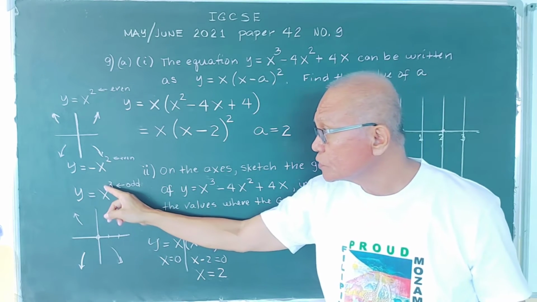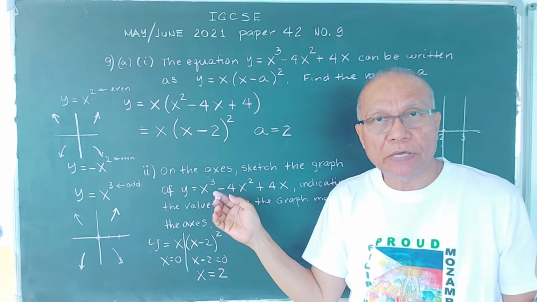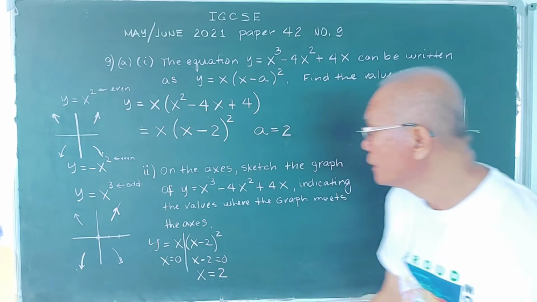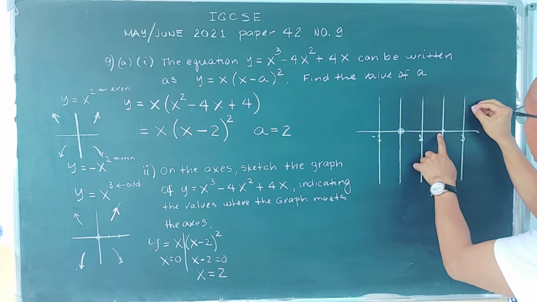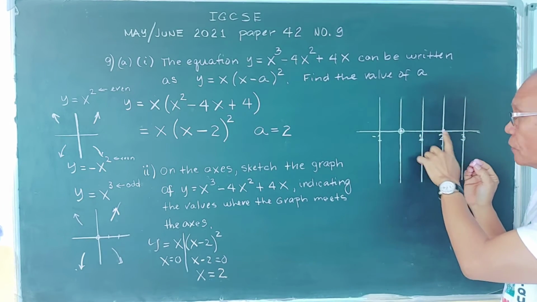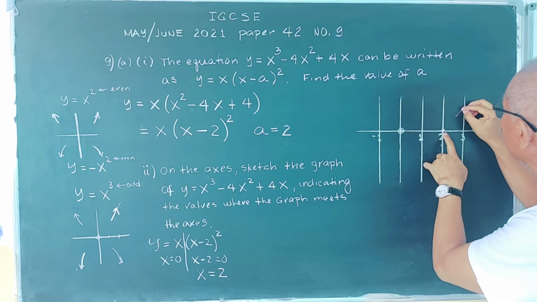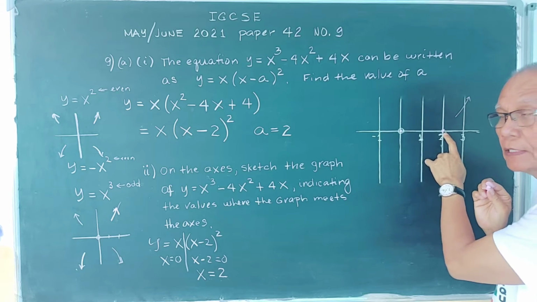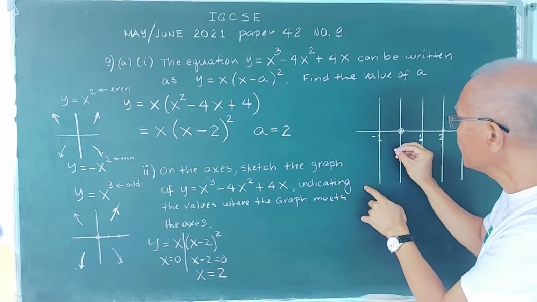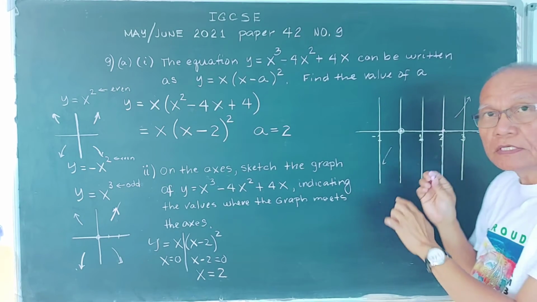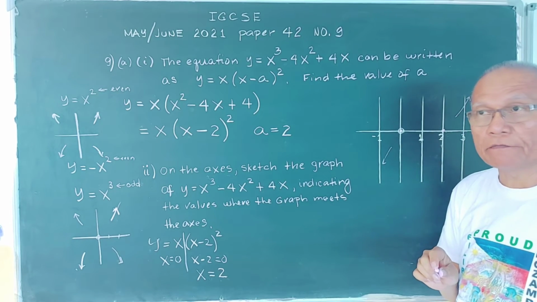Therefore, if that one is positive, what is the behavior of the endpoints? One is here. Do not put it here because we have the last point here, which is 2. So one point is here, something like that, and the other one is after the 0. So these two are the endpoints of our graph.